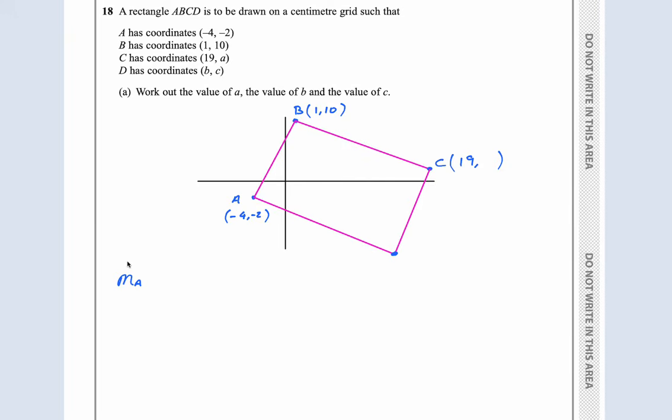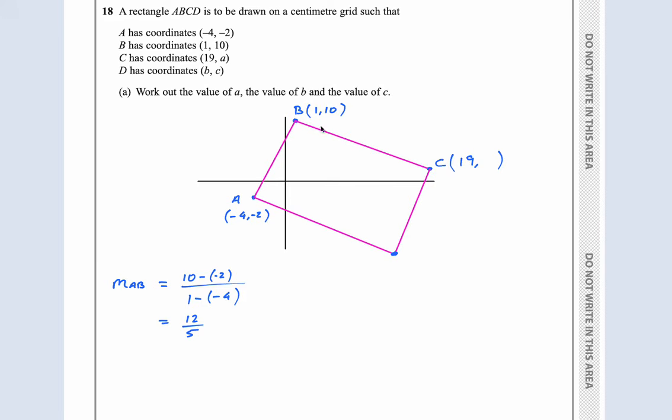So m, guys, is what I'm using, a small m. m_AB is my gradient from A to B. And it is 10 minus -2, y2 minus y1 over x2 minus x1, 1 minus -4, which is 12 over 5. So this gradient is 12 over 5. The rise is 12 for the run of 5.